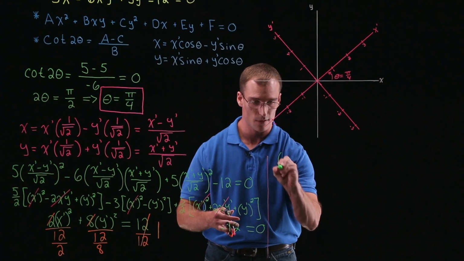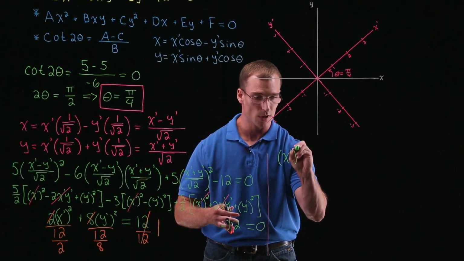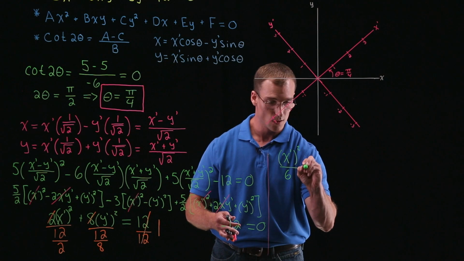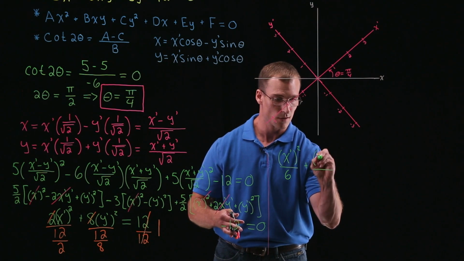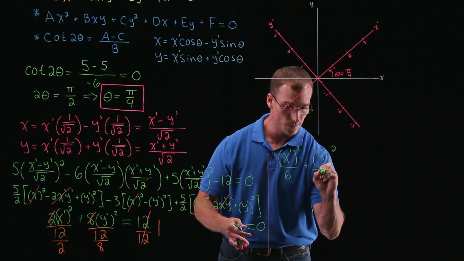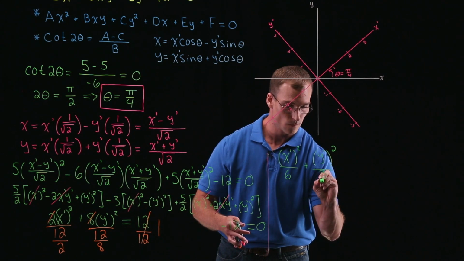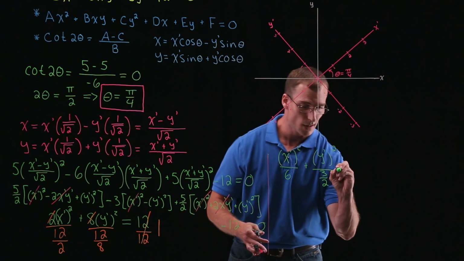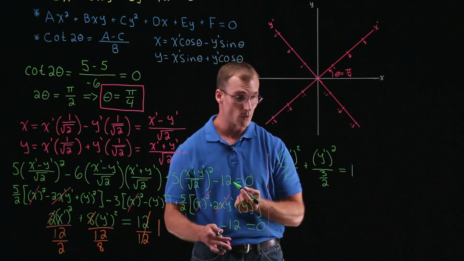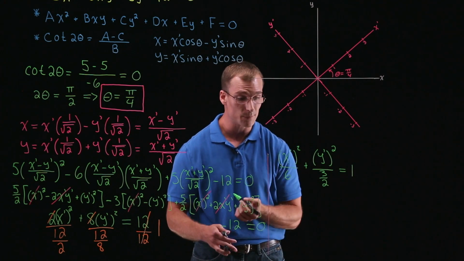We're going to have x prime squared divided by 12 over 2, which is 6, plus, say, y prime squared over 12 over 8, which is 3 halves, and that's equal to 1. So there we have what looks like, as we said, the standard form of the equation of an ellipse.